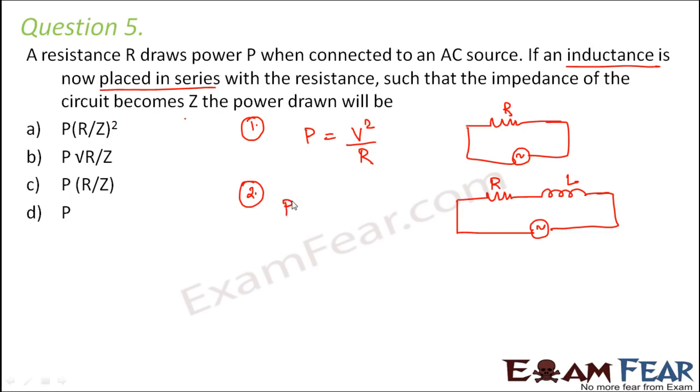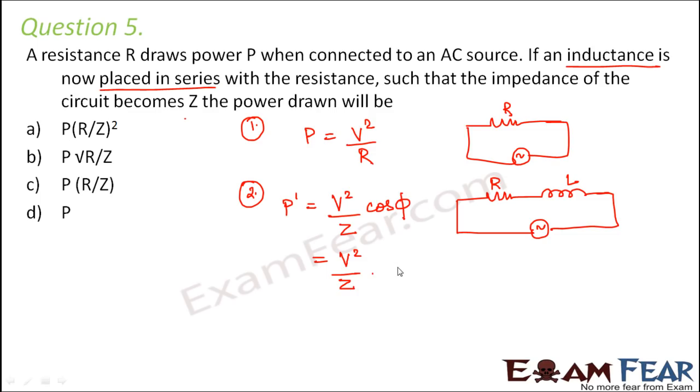So the power in this case would be V square by Z, because now the net resistance of the circuit is basically the net impedance of the circuit, and also now you will have the power factor cos phi, because the moment you have two different elements involved, you have resistance, you also have inductance, so now you also have the power factor cos phi, right? So what will be cos phi? So we need to calculate that as well.